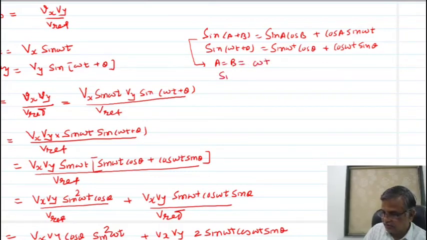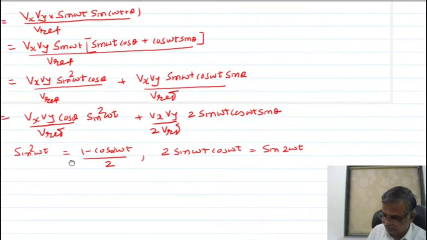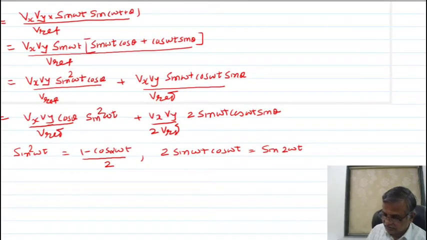You can find sin 2 omega t is equal to 2 sin omega t cos omega t. You can check this, you already studied. So I am using this relation between sin square and cos, and for this I am putting this value.